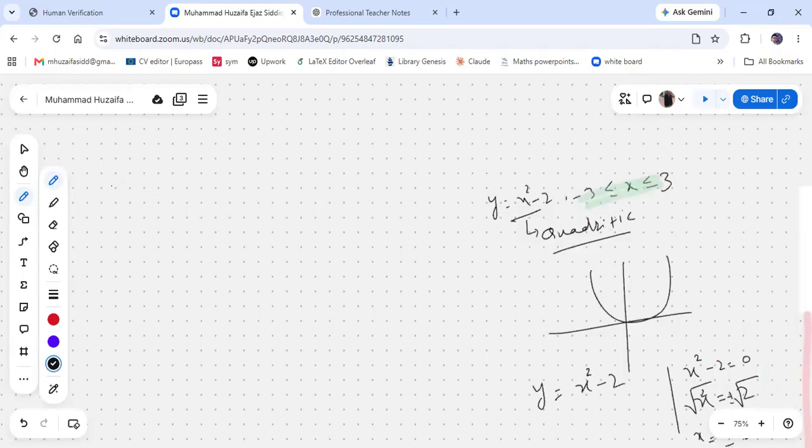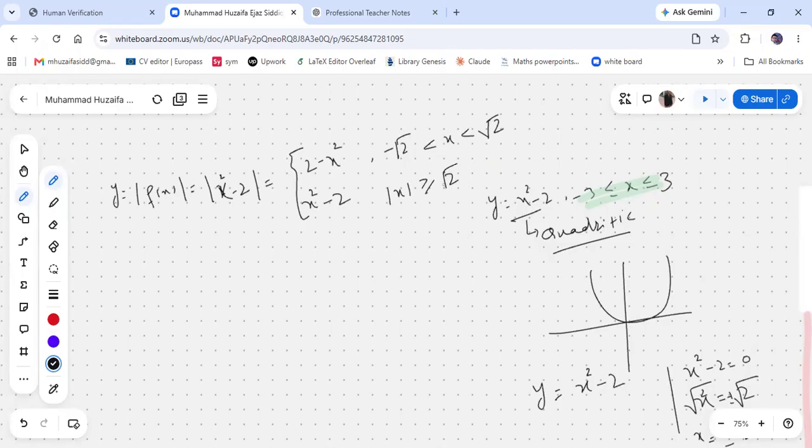So y is equal to f of x of mod is equal to mod of x square minus 2, which is equal to 2 minus x square for minus root 2 less than x less than root 2, and x square minus 2 where mod of x is greater than or equal to root 2.